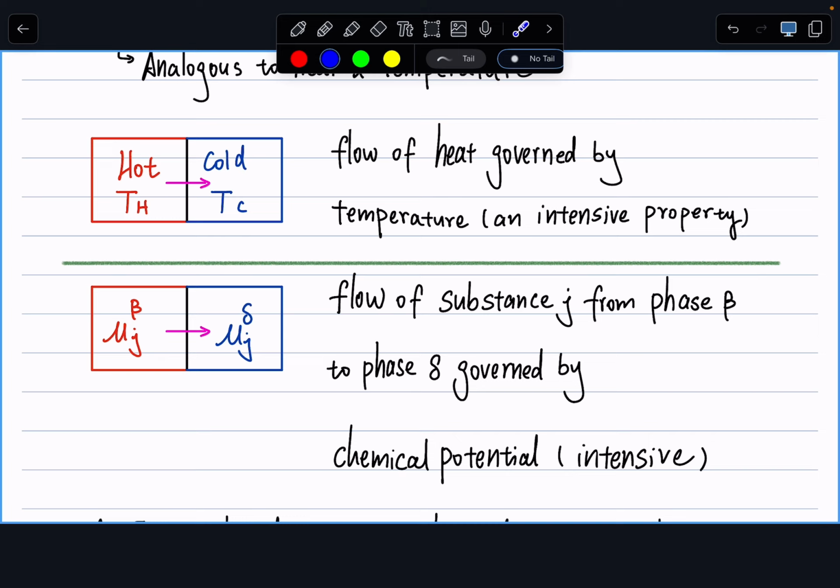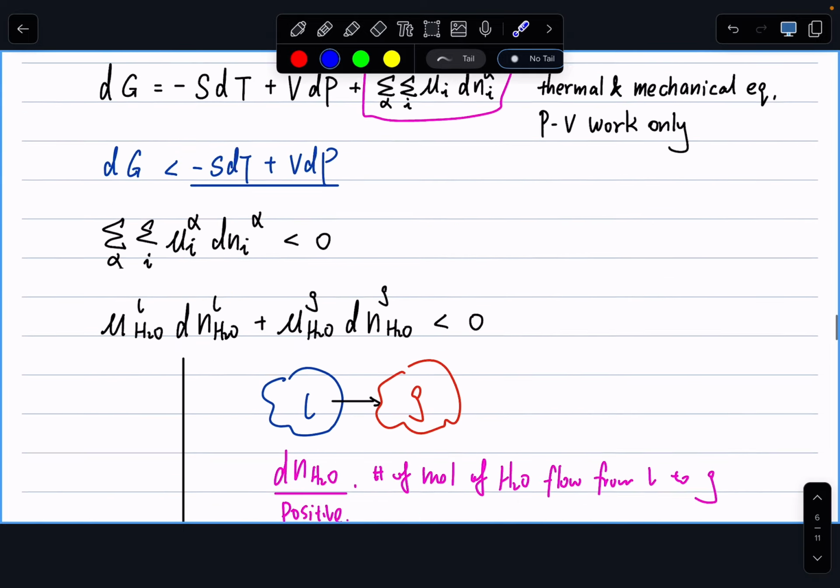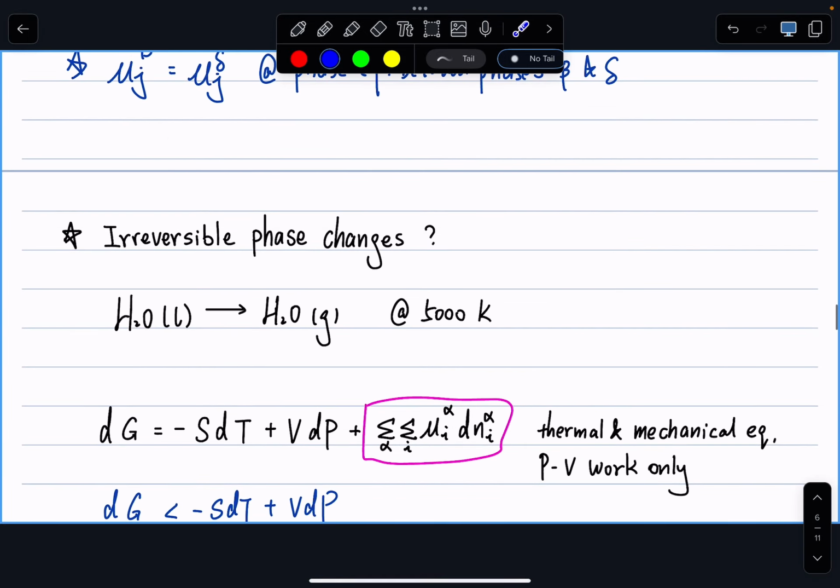Yes? Will liquids always have a higher chemical potential than gases? Not necessarily. In this case, remember, we're talking about an irreversible phase change at 5,000 Kelvin. But if I drop the temperature to, say, 4 degrees Celsius, then we might have a reversed, different sign of the chemical potential.